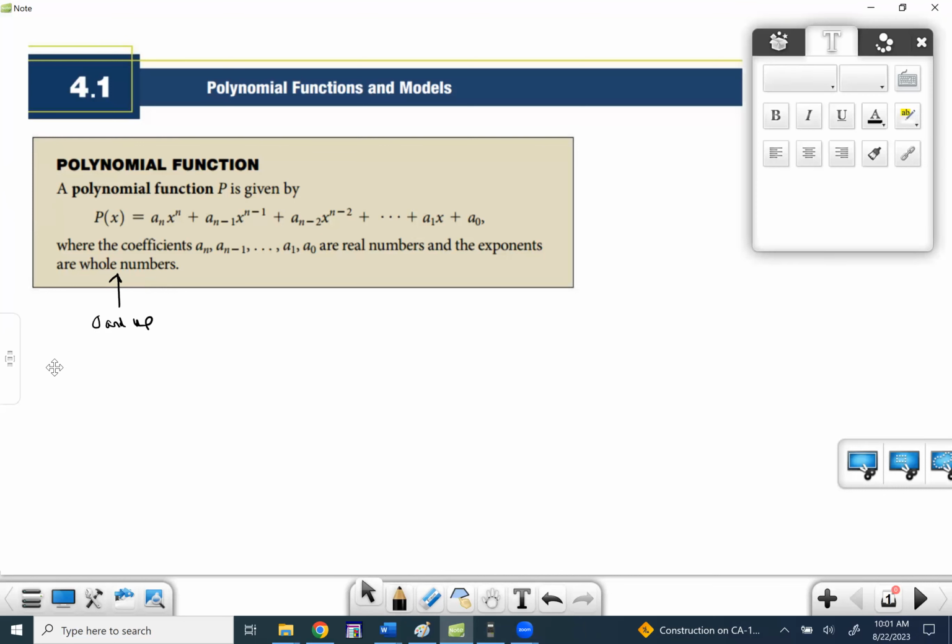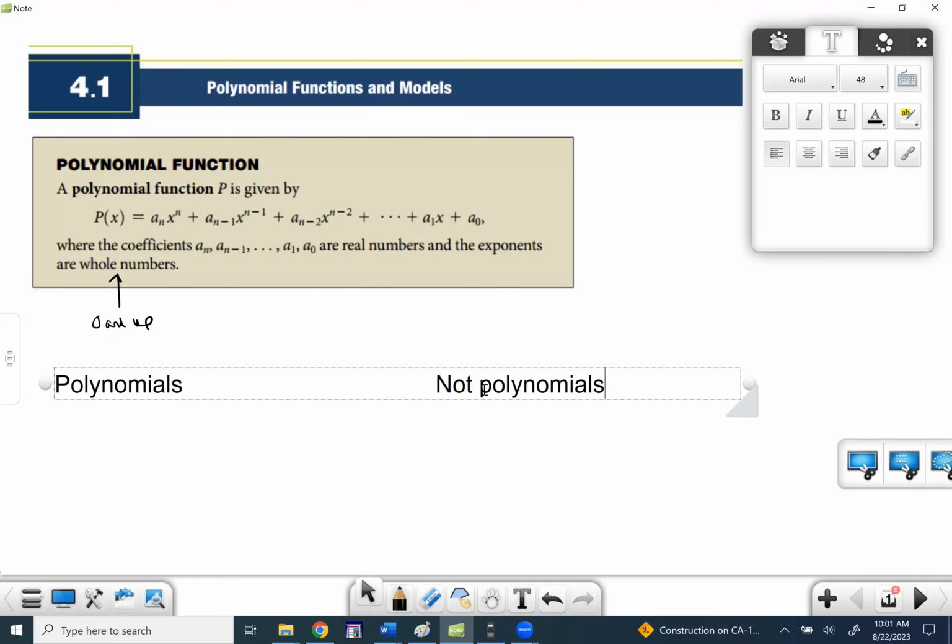I'll give you a few examples of polynomials, and then some examples of things that are not polynomials. All right, so some examples of polynomials. This would be an example.